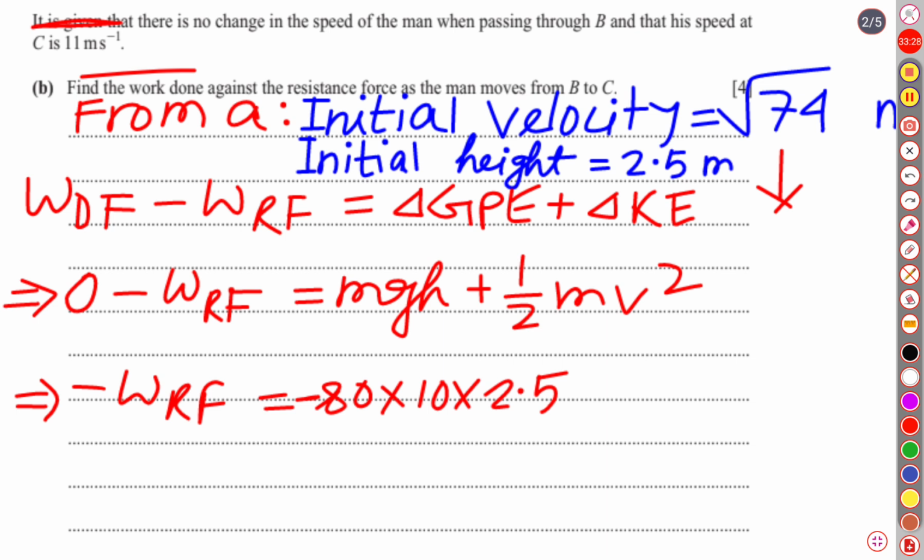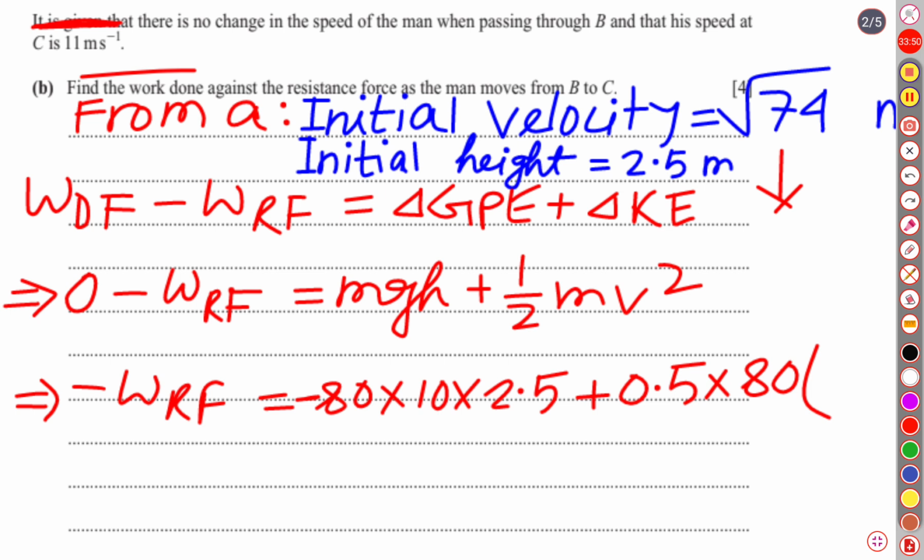The final height is 0, that's why it is negative, and plus half of 0.5, mass of the person is 80, and v, final velocity was 11, initial velocity was square root over 74.